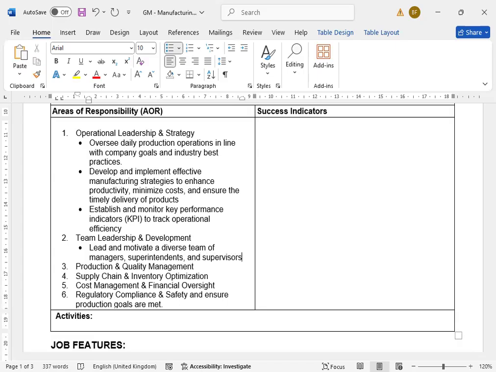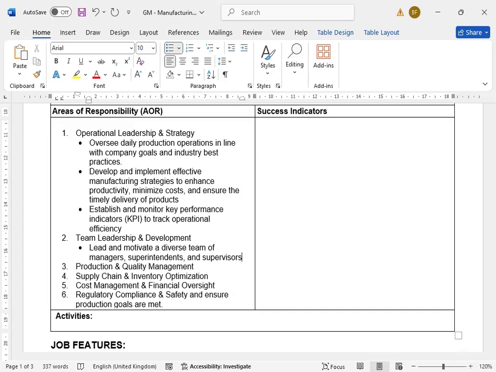These roles, different managers, different superintendents and supervisors, also undergo job analysis and job evaluation through the Hay system.